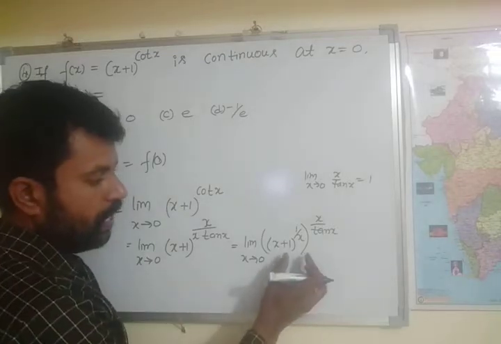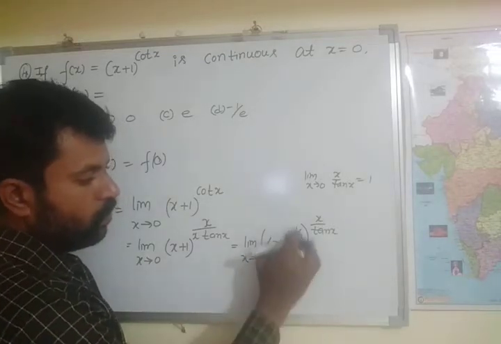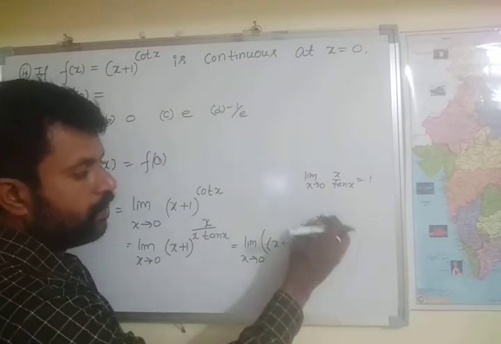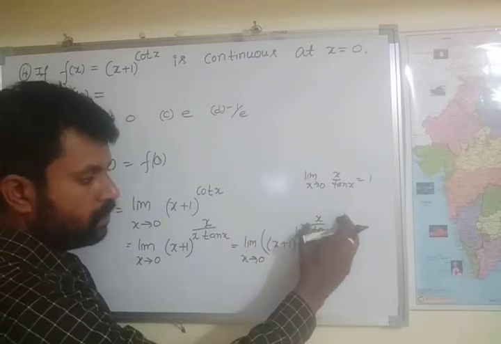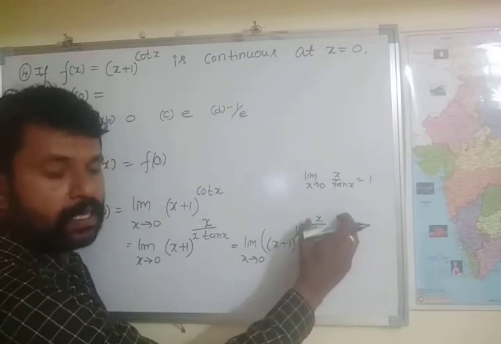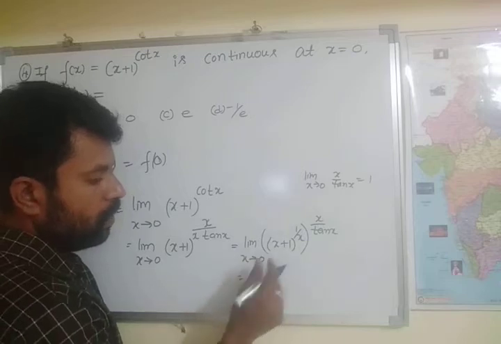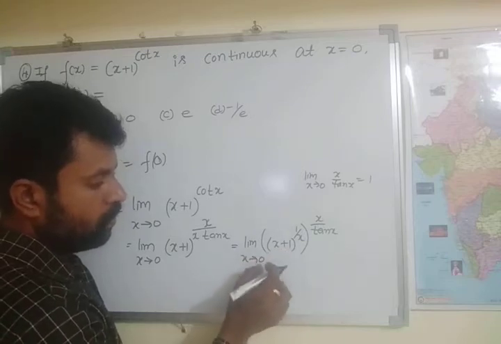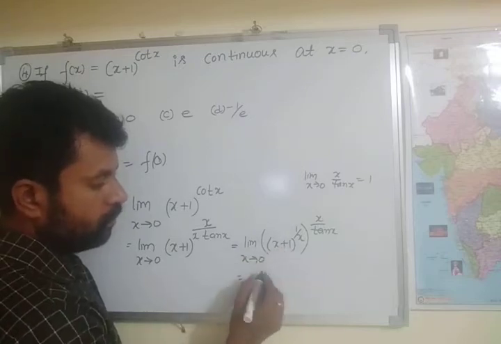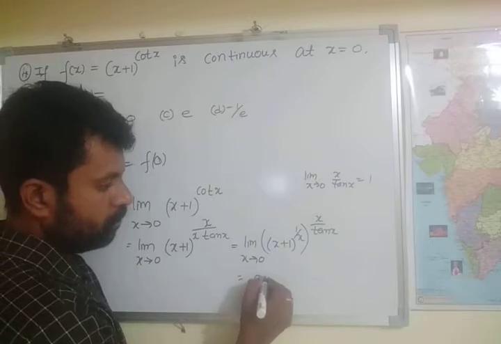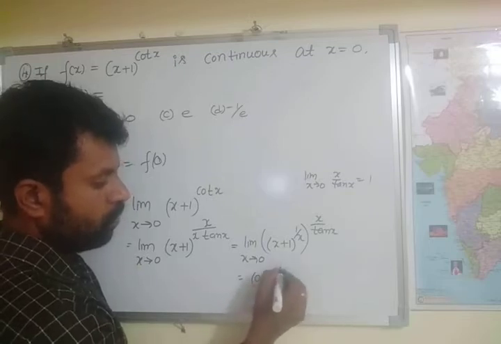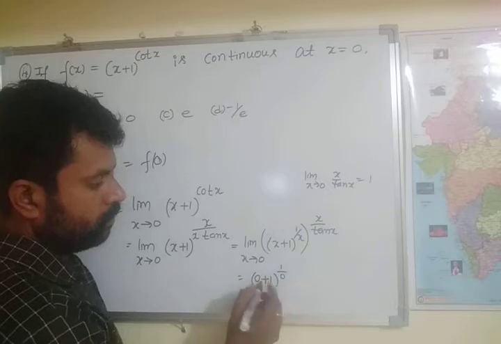See here we have one term (x+1) to the power 1 by x, and another term x divided by tan x. Now apply the limit to both terms, f(x) to the power g(x). Substitute 0 in place of x, here we get 1. See, 0 plus 1 to the power 1 by 0.